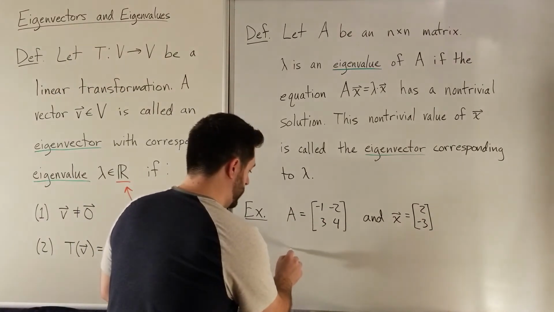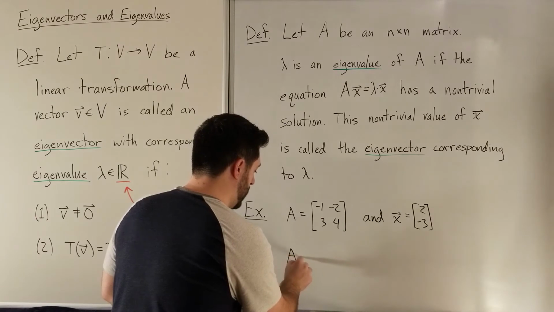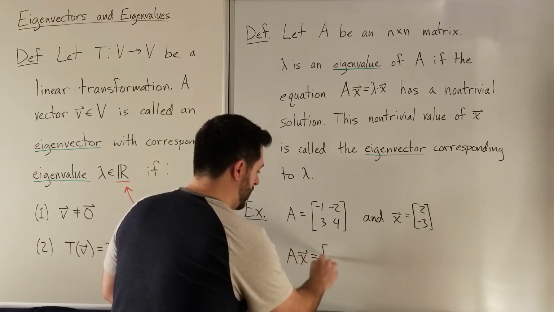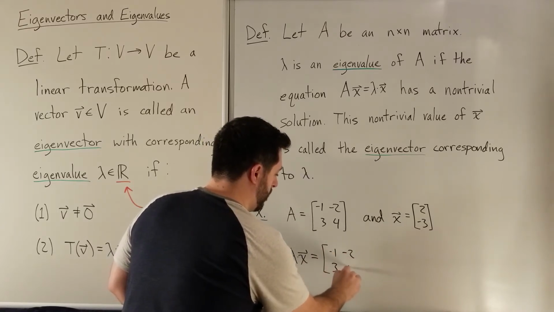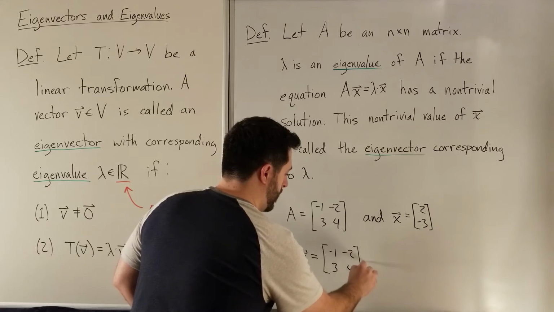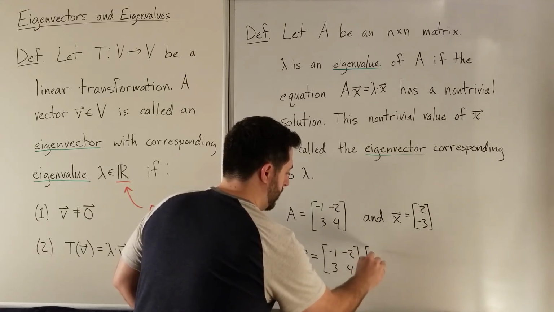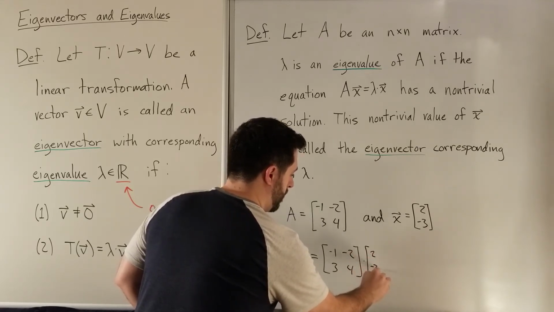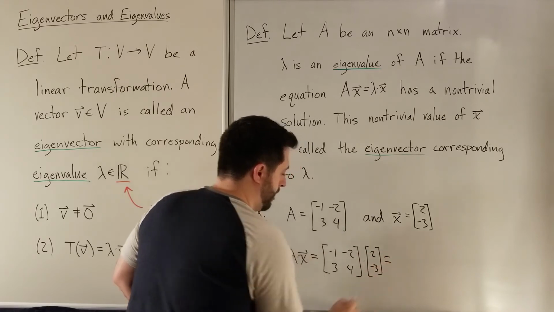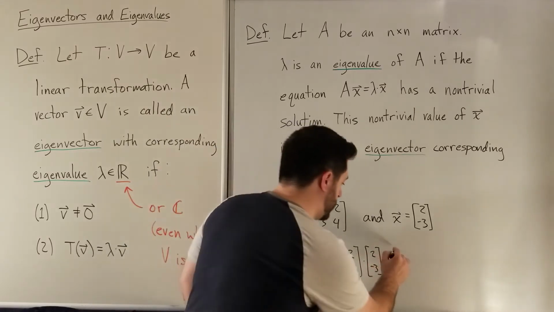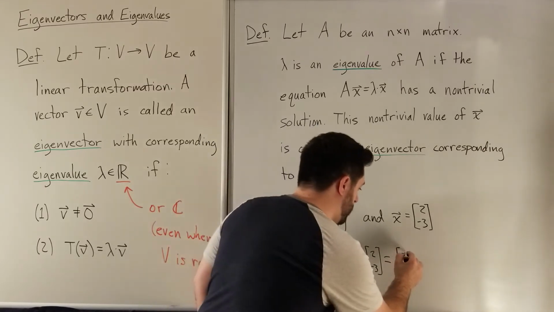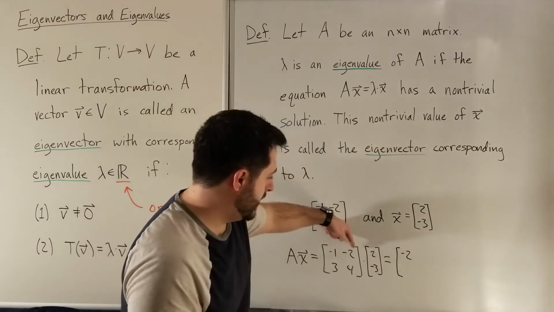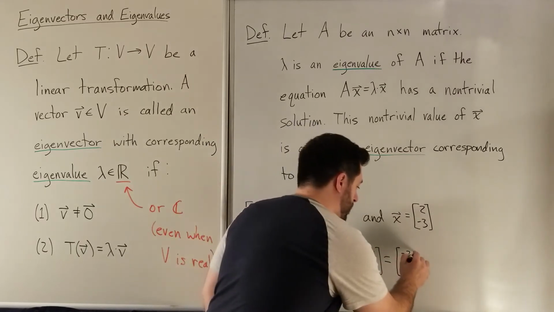Okay, so now let's just plug this in, see what we get. A times x, the matrix -1, -2, 3, 4, times the vector x. Okay, so the first entry, the top entry, is going to be -1 times 2 plus -2 times -3.